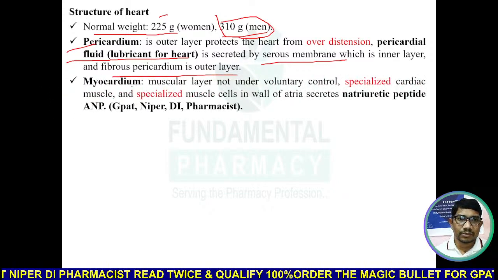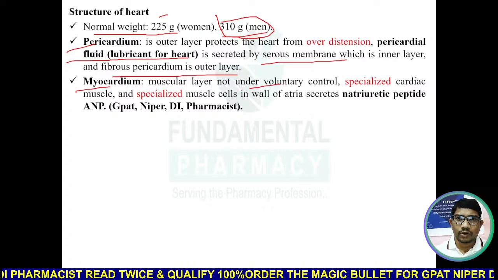Then the myocardium is there, known as the muscular layer. It is not under voluntary control.